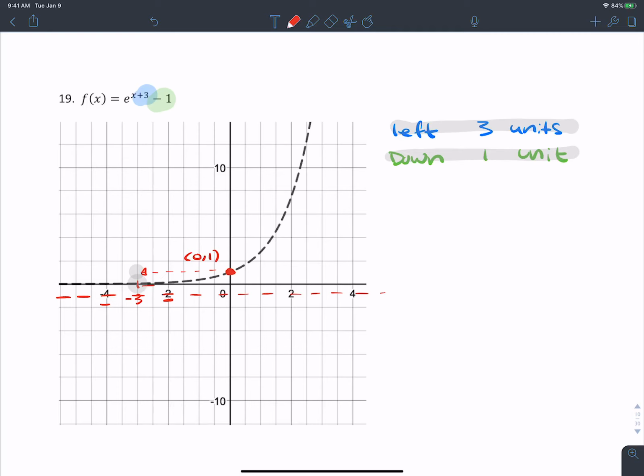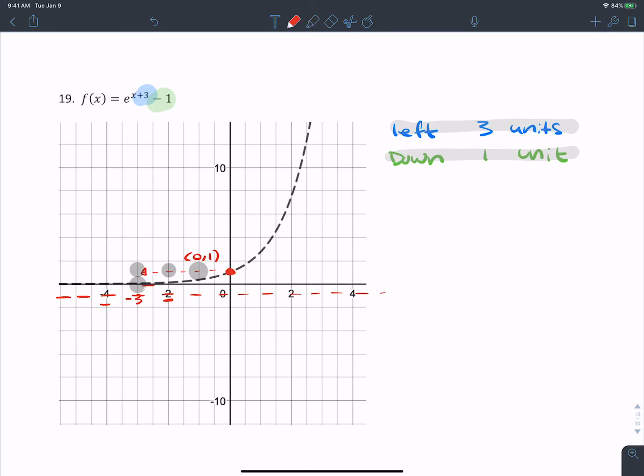This x-axis goes down 1 unit. My new reference point is to the left 3, down 1. So I go to the left, this will be 1, 2, 3, down 1.